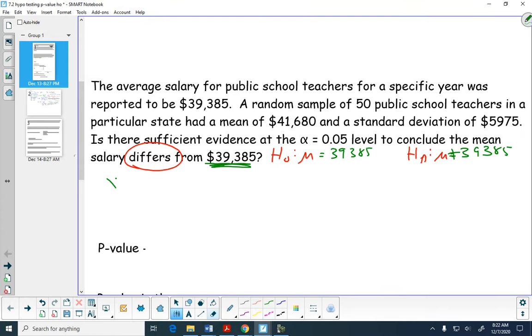We have an x bar, which is 41,680. We have a standard deviation of 5,975. We have a sample size of 50, and we have an alpha value of 0.05.